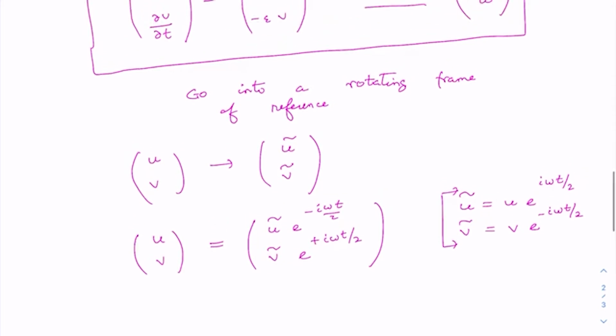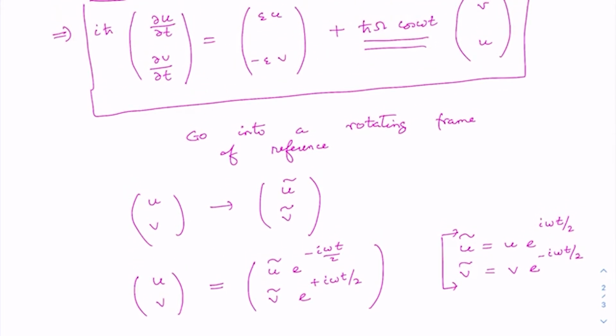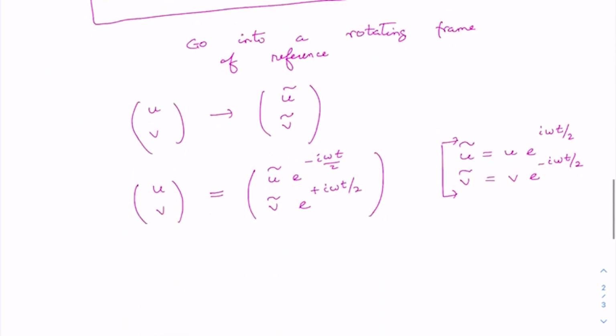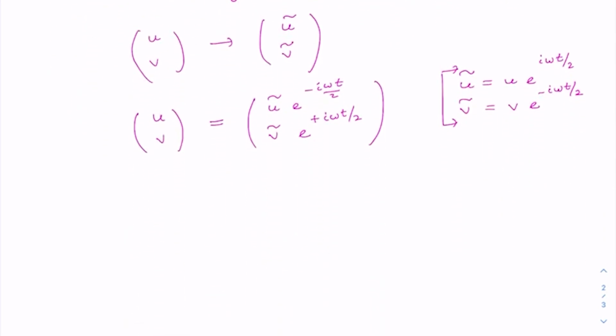Now if I do that and put it in these coupled differential equations, let us see what we are going to get. Let me go term by term. First of all, I have i h cross d/dt of (u, v). If I take the time derivative, I will get h cross omega by 2 times u tilde e to the power minus i omega t by 2 and v tilde e to the power plus i omega t by 2.